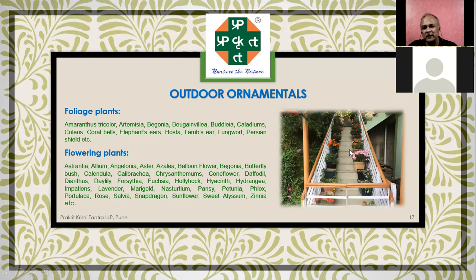You can see it is outdoor, but perhaps not direct sunlight is available, but sufficient sunlight is available. So at the end, what I want to sum up with is that the growing factors are important.